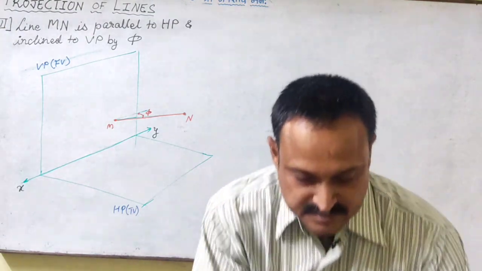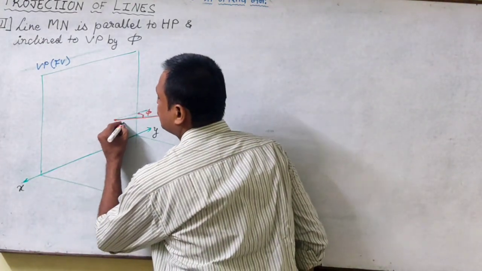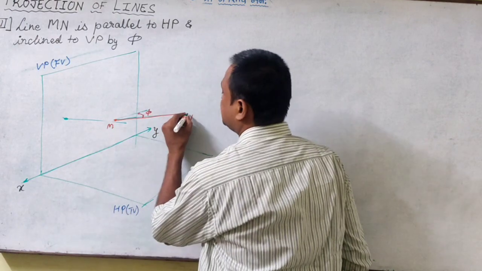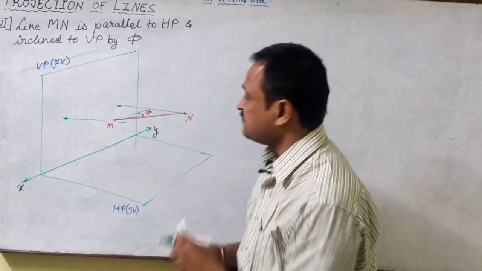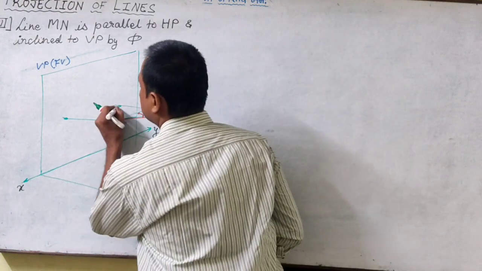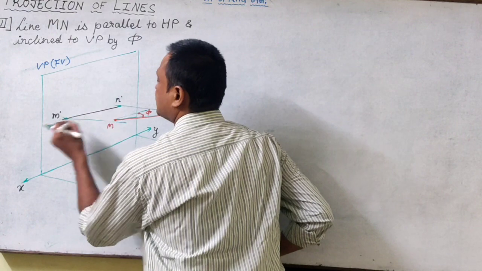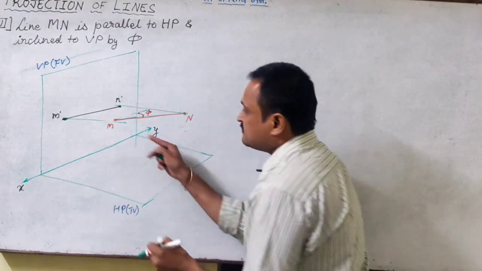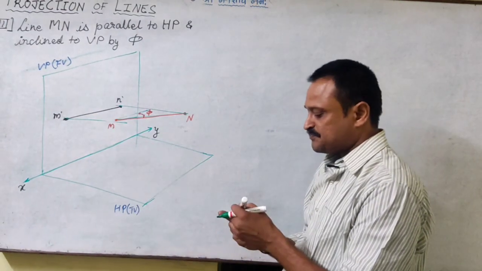Again we take these projections, how the projections will be. I can move faster this time. So height of M, height of N. I get the front view image of the line as this, which is M dash, N dash, and in this case it will be the same height which is getting projected in the front view.